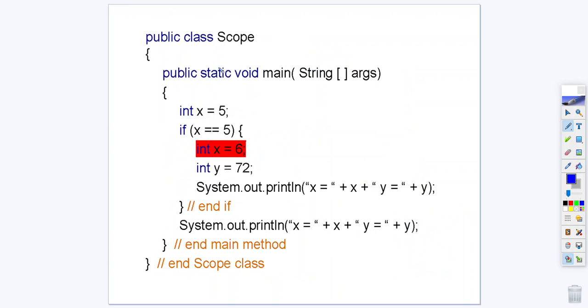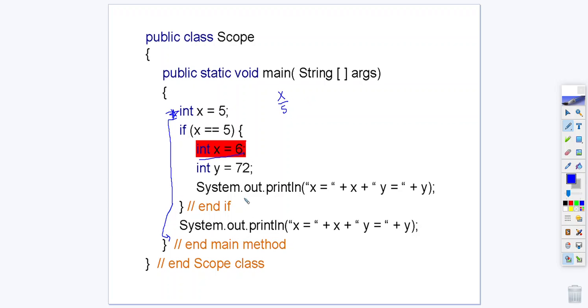Be careful though. Here I have my main method only. I declare a variable x that's 5. I check to see if x equals 5. But then I try to declare a different variable x equals 6. And this one is problematic because this version exists from here all the way down to the end of my main method.